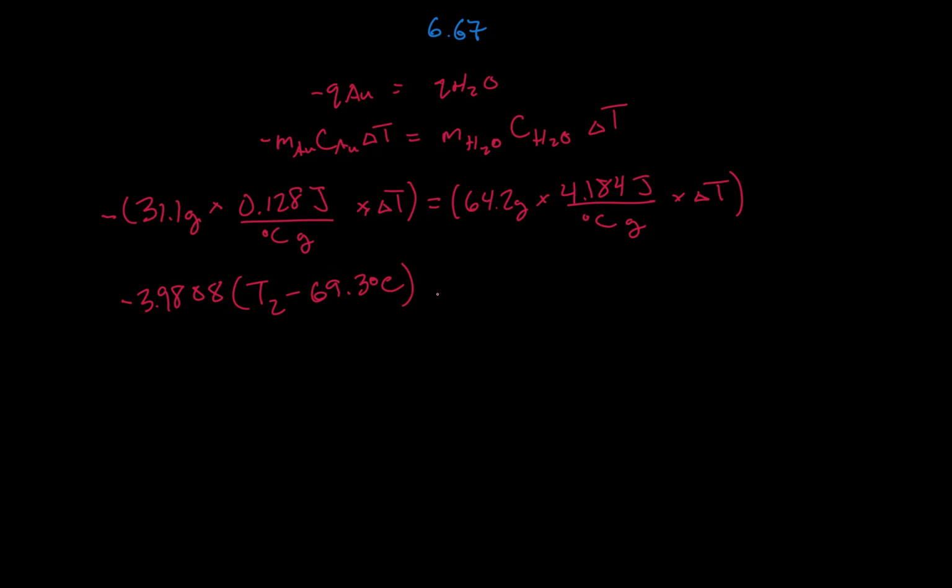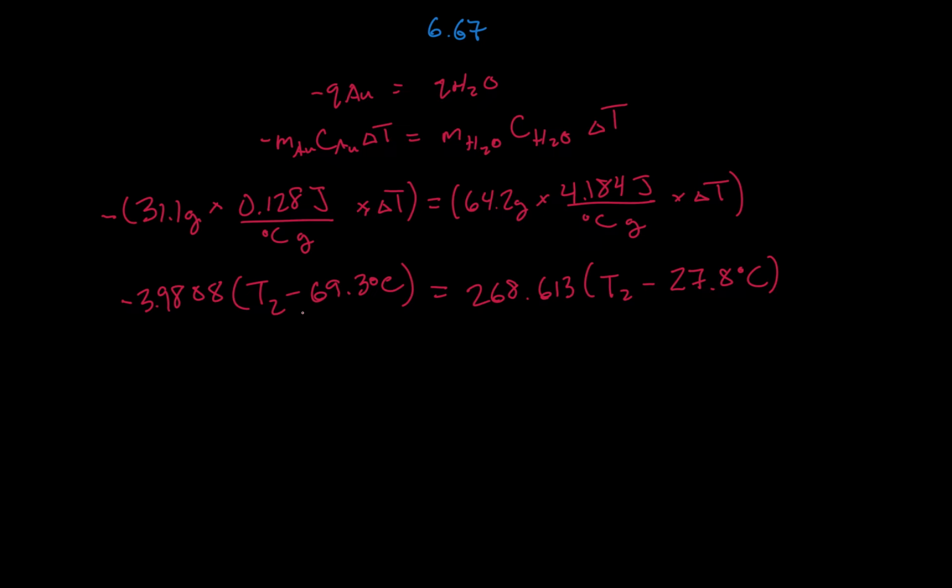This one is some unknown temperature. It is T2 that we're after. We want the temperature at which they achieve this equilibrium value. Okay, and then for the water, we have 268.613, T2 is again unknown, and this started at 27.8 degrees Celsius.